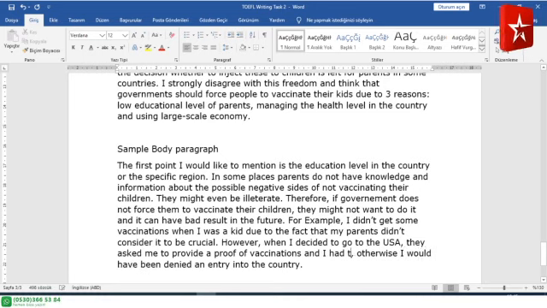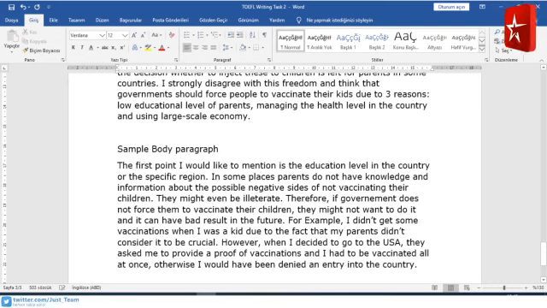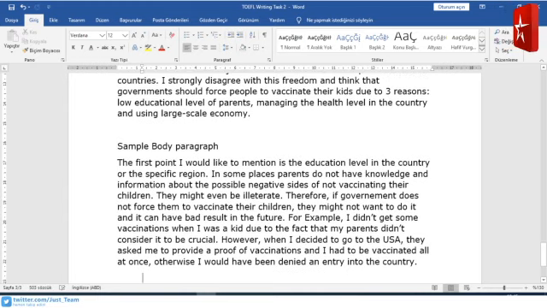And I had to be vaccinated all at once. Okay, now I think my ideas are linked better to each other, the flow of information is good, and the paragraph is easily understandable. Everyone can understand this paragraph if they read it.